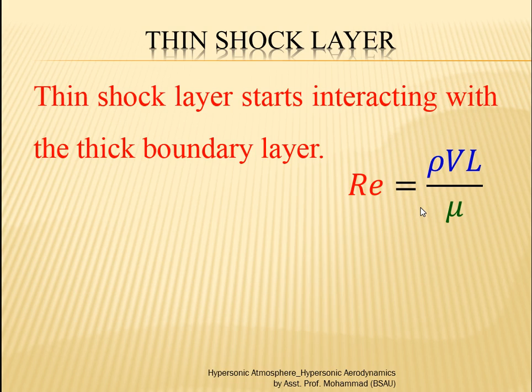The thickness becomes almost the same, the interaction becomes very severe, and then the analysis becomes very difficult because the situation is complicated. Furthermore, we will discuss what happens when the flow becomes comparable with the boundary layer. But this interaction poses another challenge for aerospace engineers to analyze and design the flow.